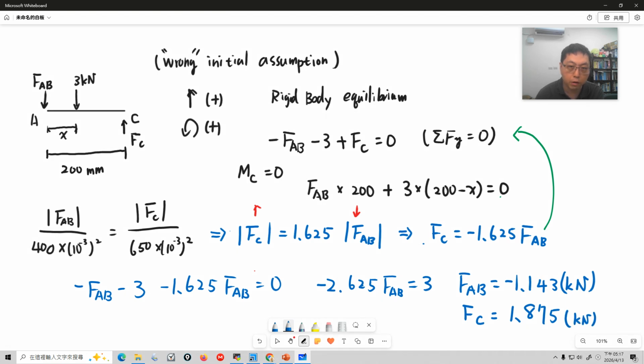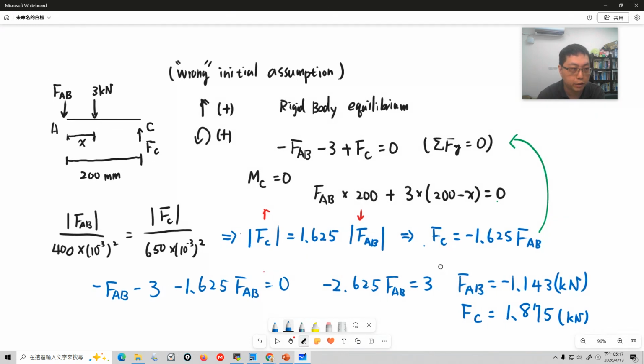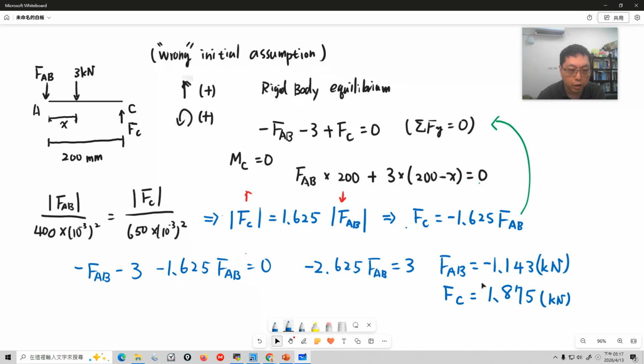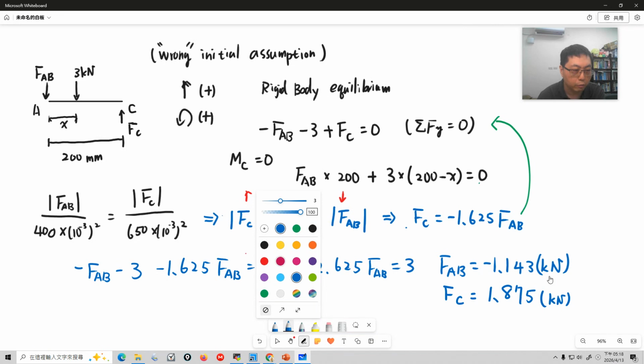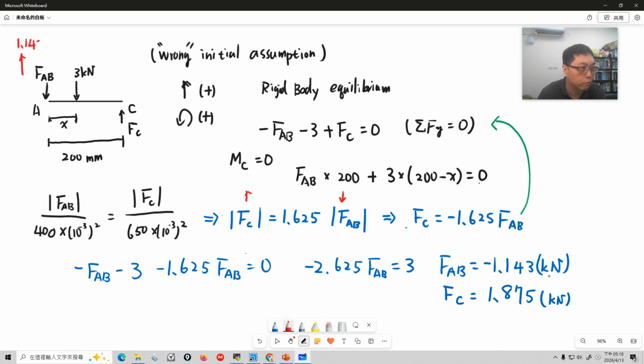Let's make a pause here and explain this result. We get FAB as minus 1.143 kilonewton, and initially we assumed this points down. But we get a negative answer, so the real direction is pointing up, 1.143.